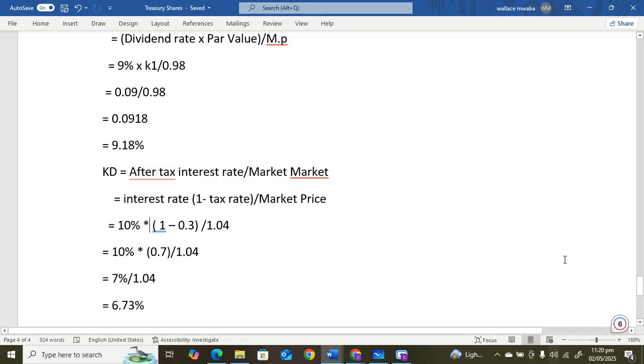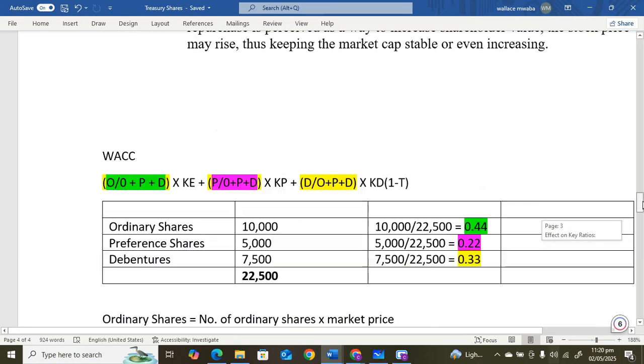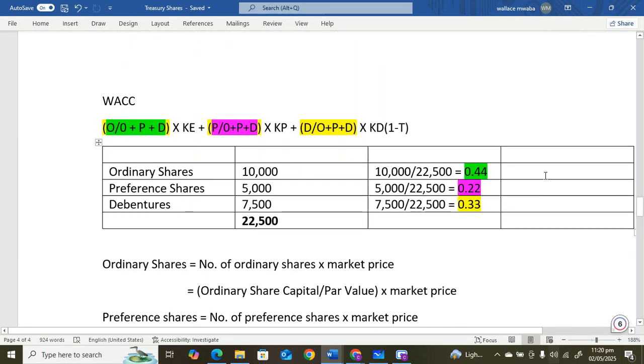Yes. So now we can get our weighted average cost of capital. We've got our weights for book values and market values, and we've got our costs.